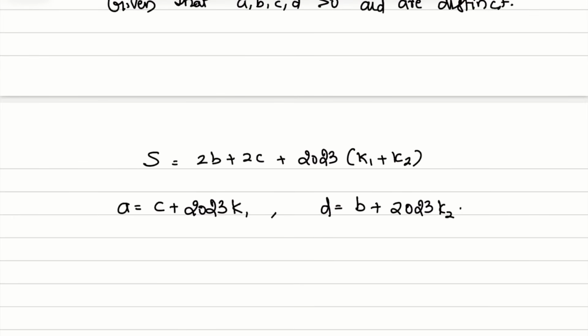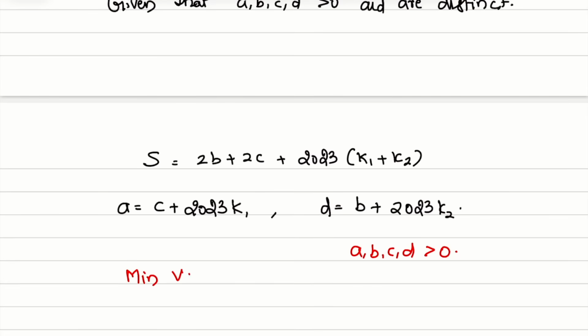Now, what is the minimum value? A, B, C, D are integers greater than 0, positive integers. What can be the minimum value that either A or C or B or D can have?